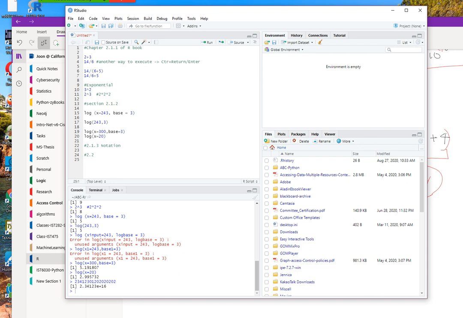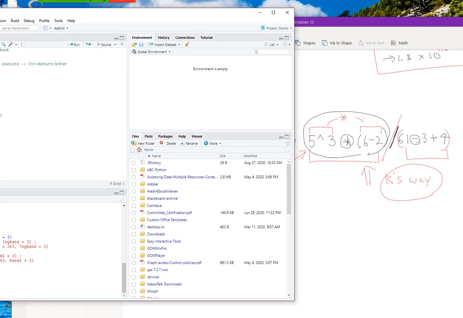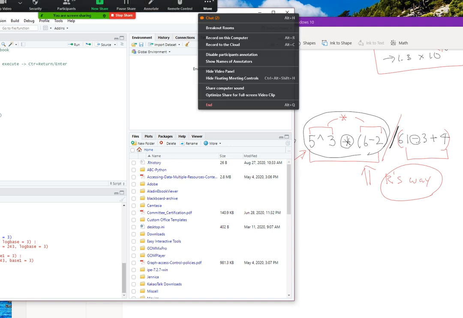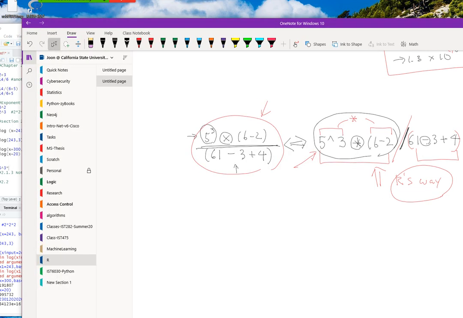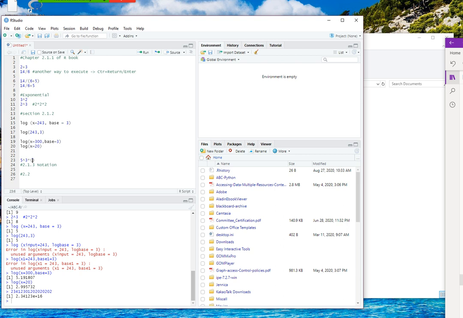Okay, so now maybe we can just type it here, since this is section 2.1. So 5, and then multiply by parenthesis 6 minus 2, and divide.